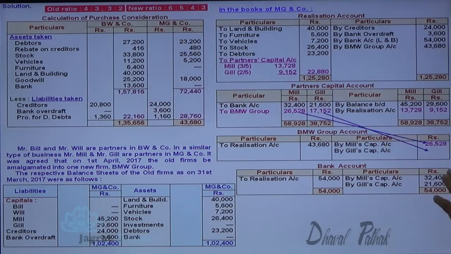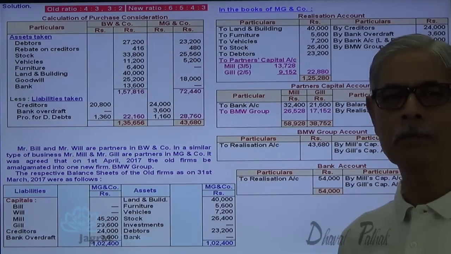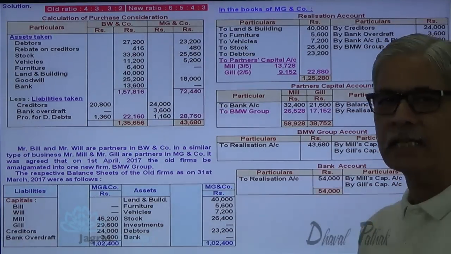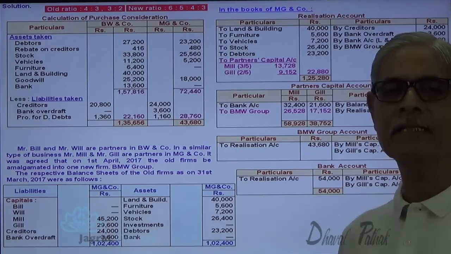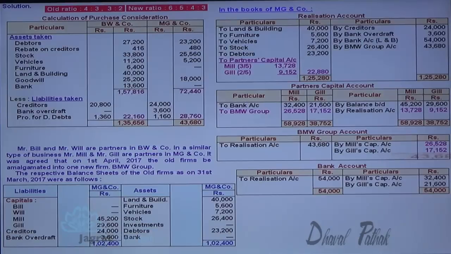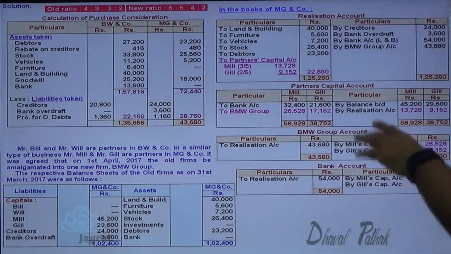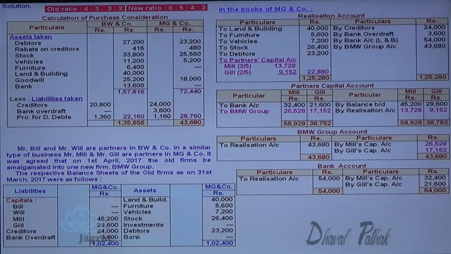So this is the capital contribution, and this is the exchange value recoverable from the new company. So this exchange value is identified as capital contribution in the new firm. So this is how BMW group account should tally. So this is how the ledger accounts in the books of MG company are prepared.